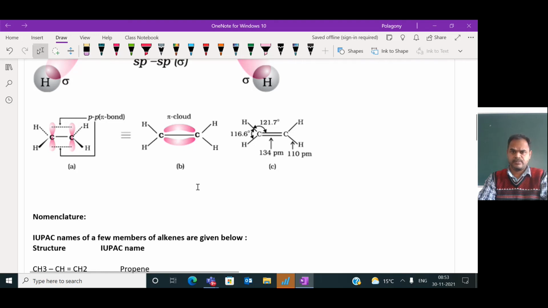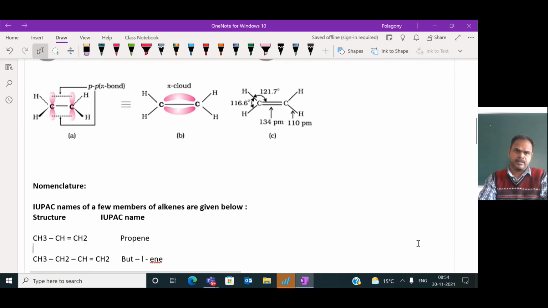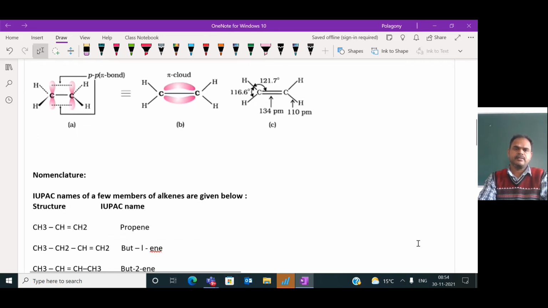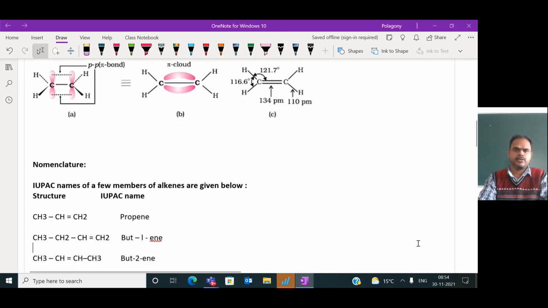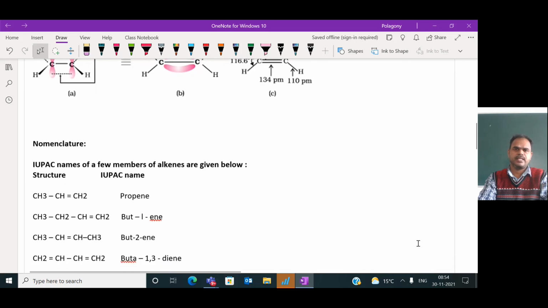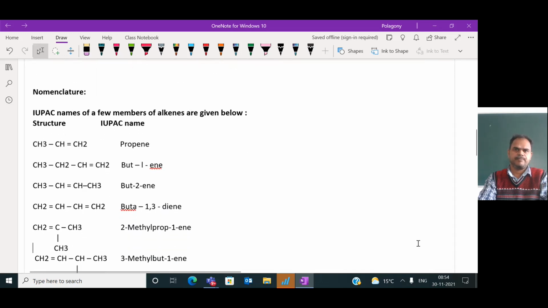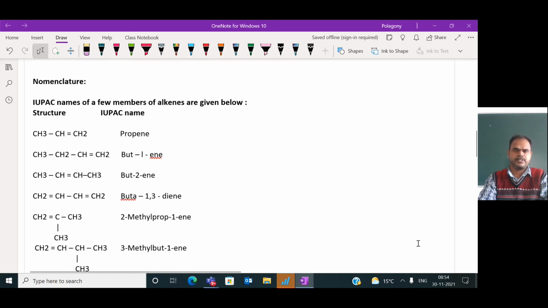In alkenes, the carbons holding the double bond undergo sp2 hybridization. As a result, one p orbital is left at each carbon, and the p orbitals overlap side on side, resulting in the pi bond. That's why in alkenes there is a sigma bond and a pi bond. Due to the presence of this weak pi bond, alkenes are more reactive than alkanes.